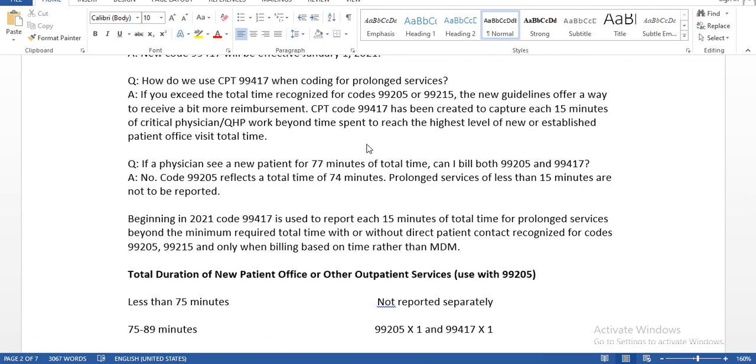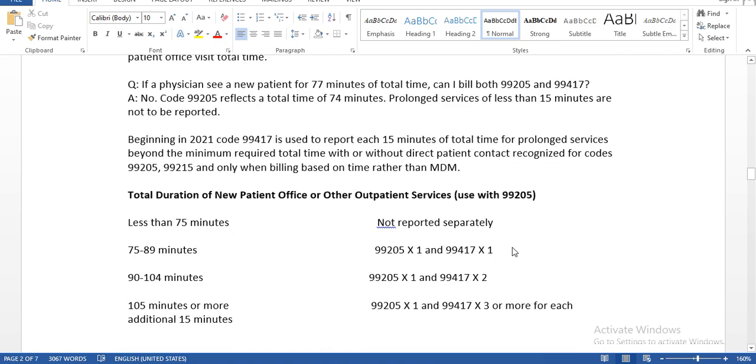So in order to code 99417 after 99205 and 99215, the interval is 15 minutes. Next one: if a physician sees a new patient for 77 minutes of total time, can I bill both 99205 and 99417?